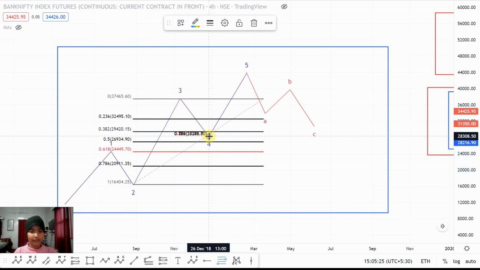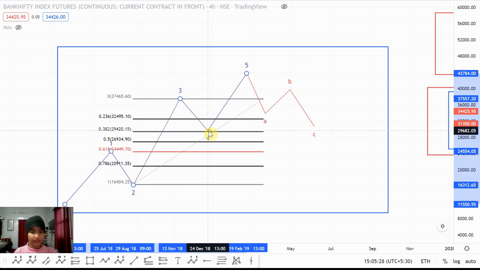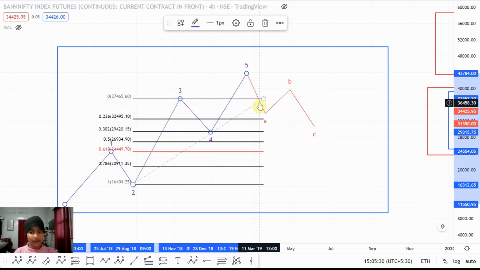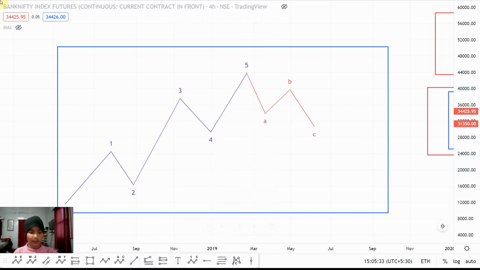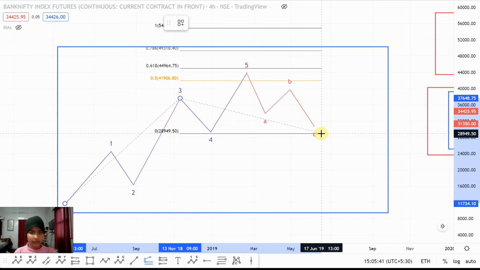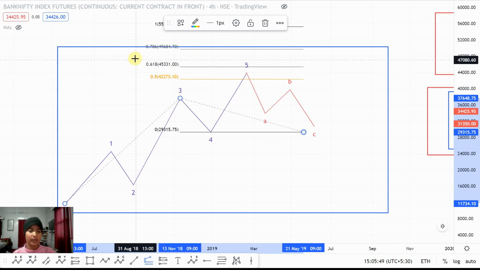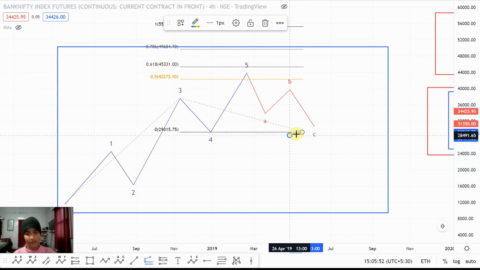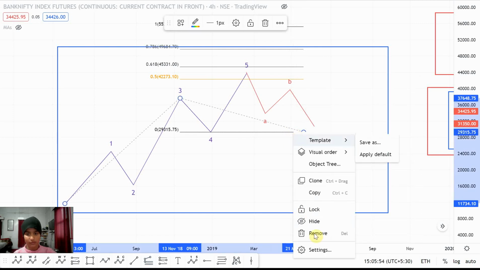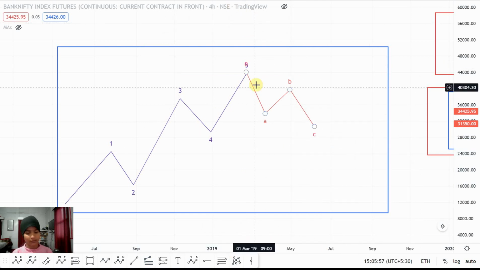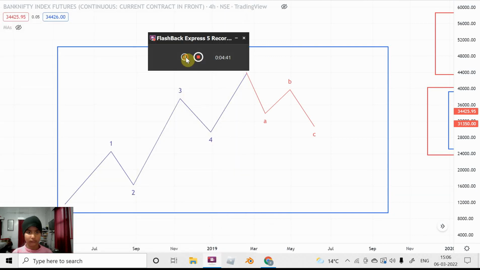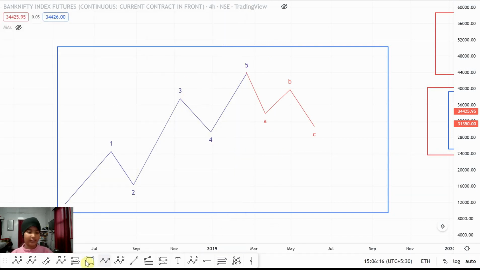Our fourth wave generally comes to the level 0.382, and for this fifth wave we put an extension, and our fifth wave can generally come to the 0.618 level of our extension. So yeah, let's mark it.